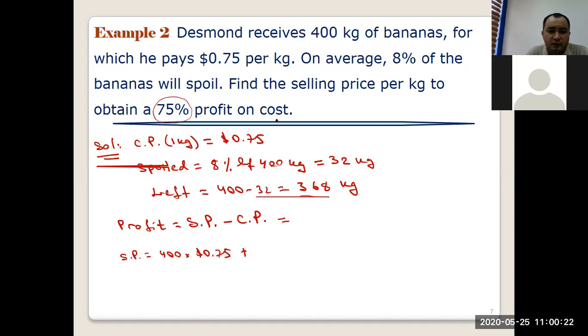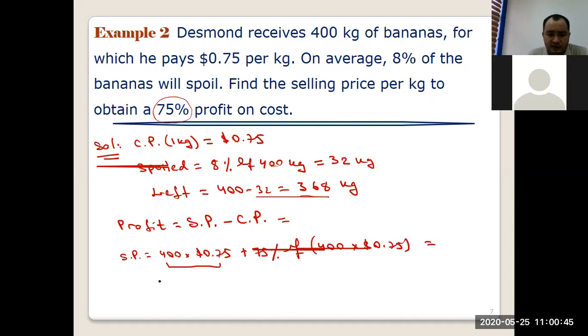For cost, we spend this much, and on each we are going to make this much profit, so that is plus 75% of this amount, 400 times 0.75.